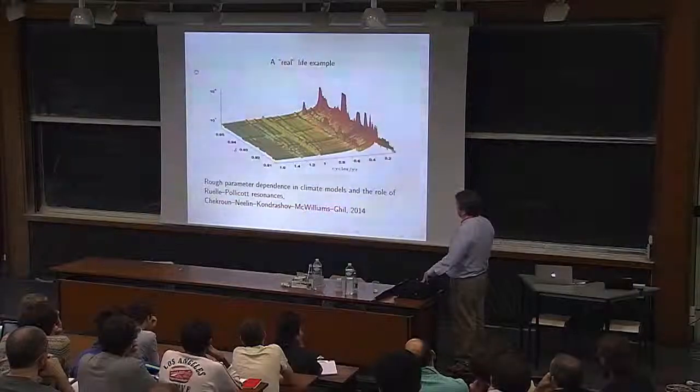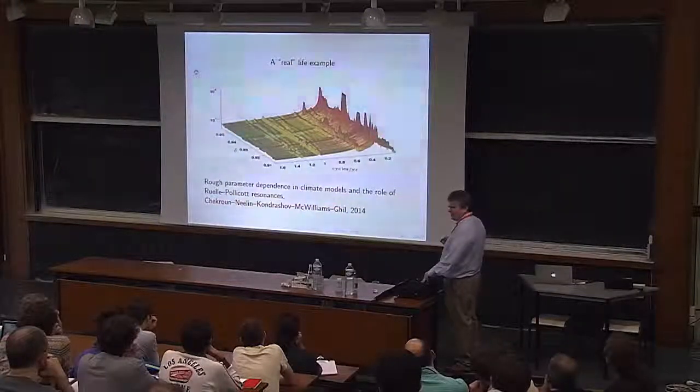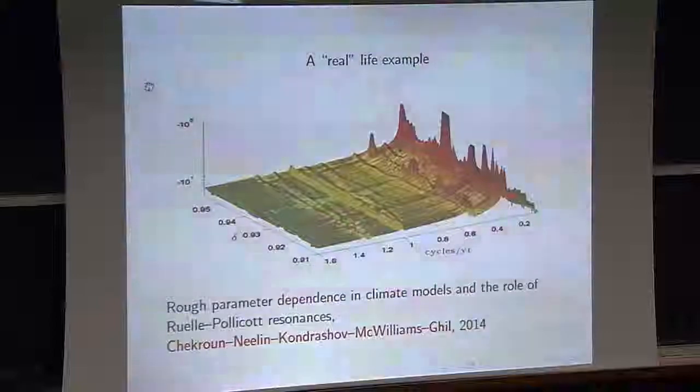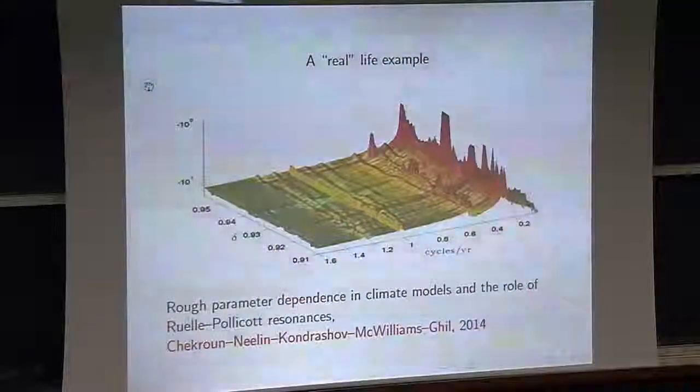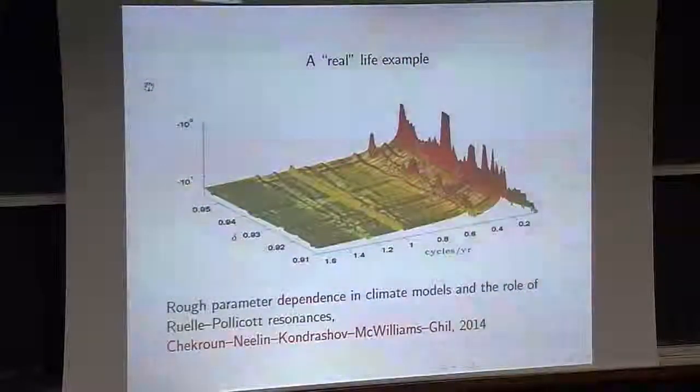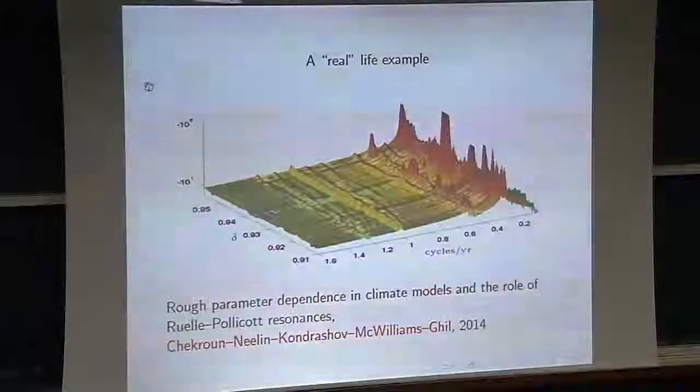And this is now lambda, which is here measured in cycles per year. And you see the peaks, just like in my previous picture. You could see, and I'll come back to this, that imaginary and real parts depend in a very rough way on this parameter delta, because you can see that the peaks have different widths and so on.